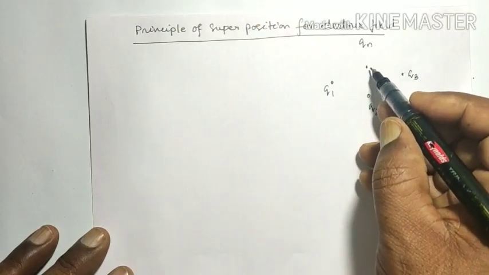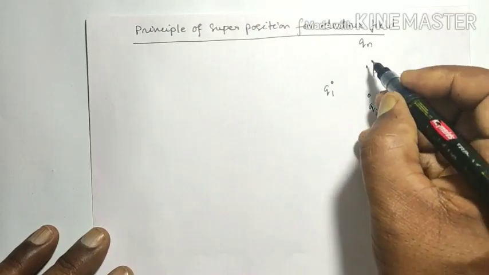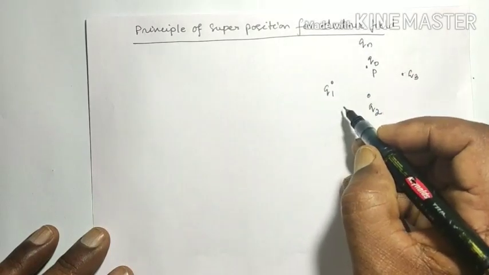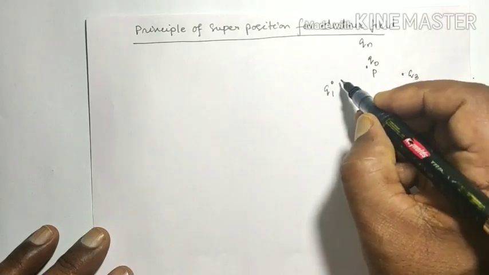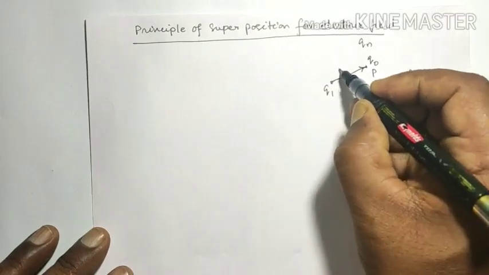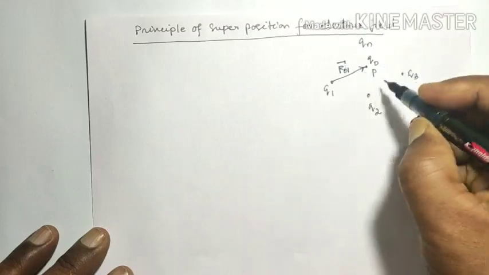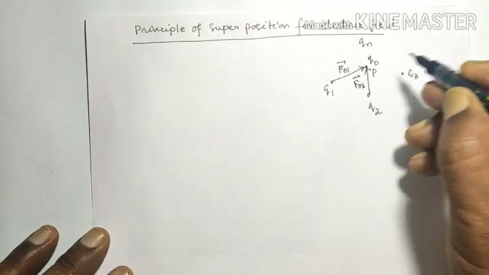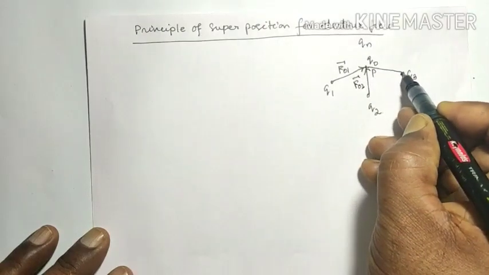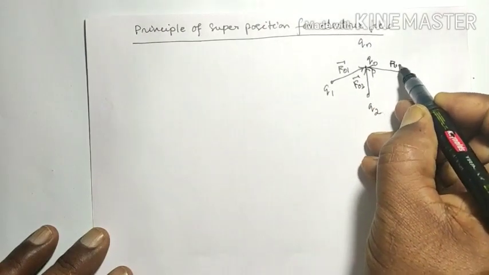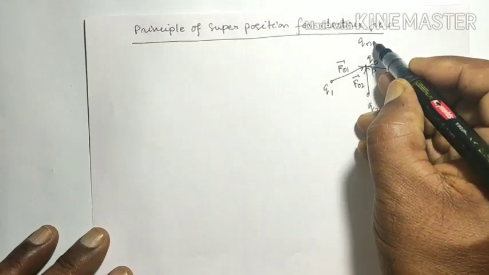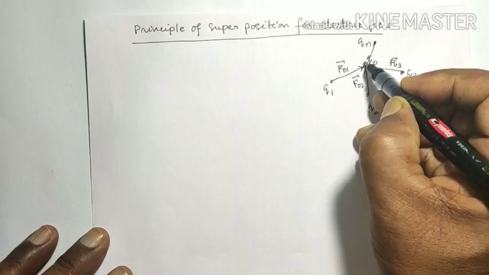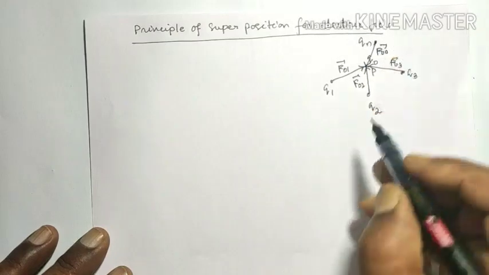To find the electric field at this point, we place a test charge Q0 at the point P. Force on Q0 due to Q1 is F01, due to Q2 is F02, due to Q3 is F03, and similarly due to Qn that is F0n.